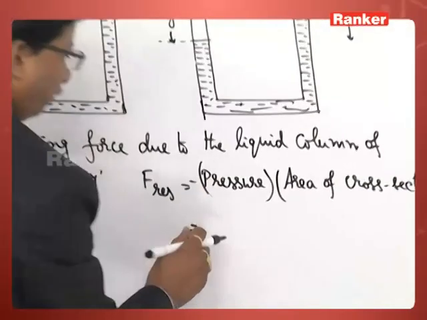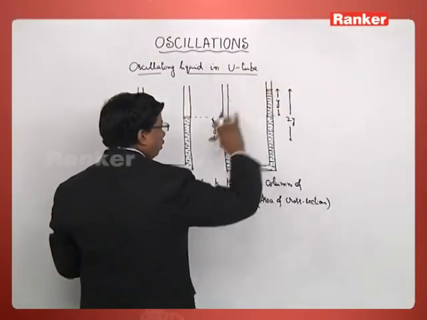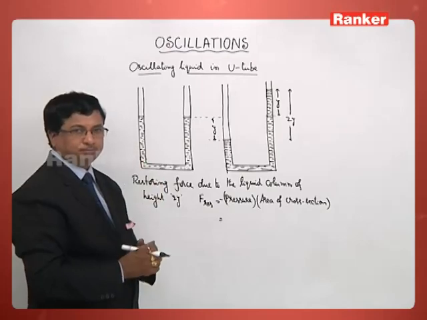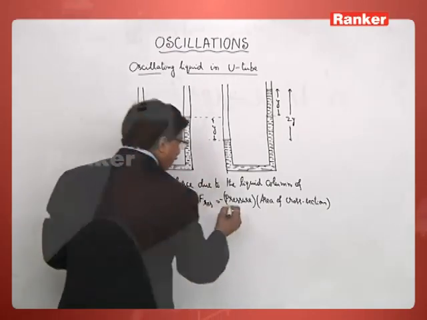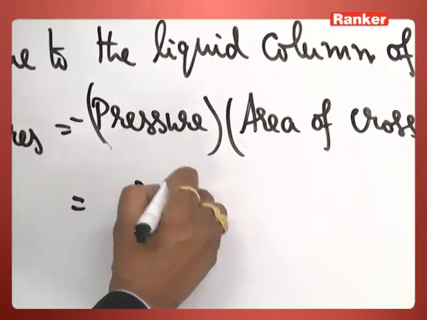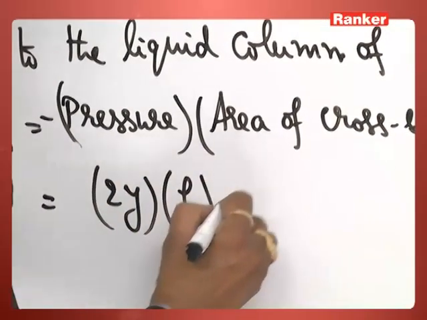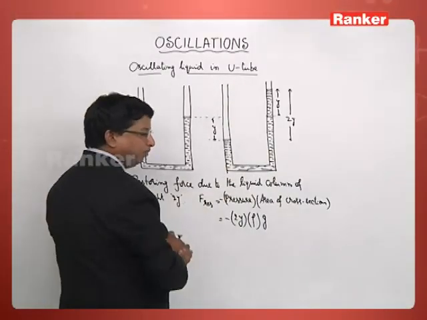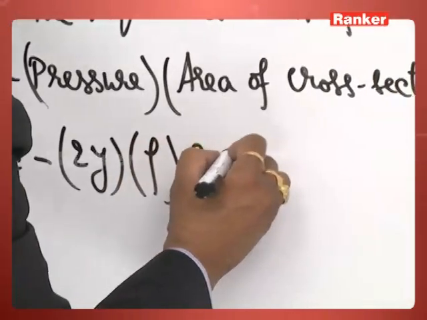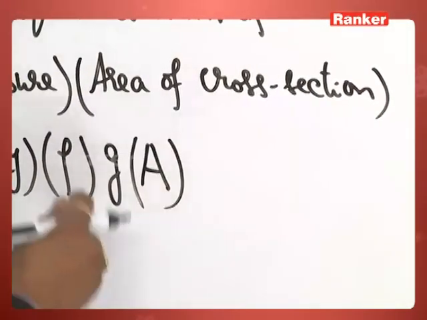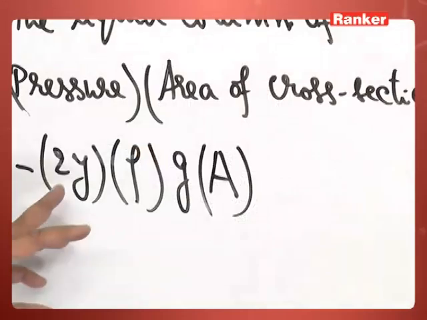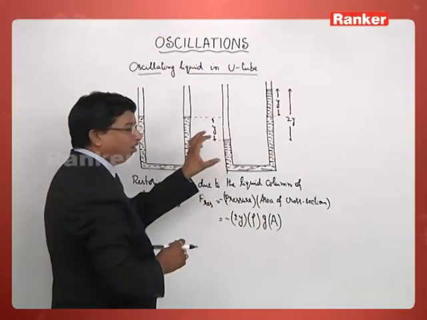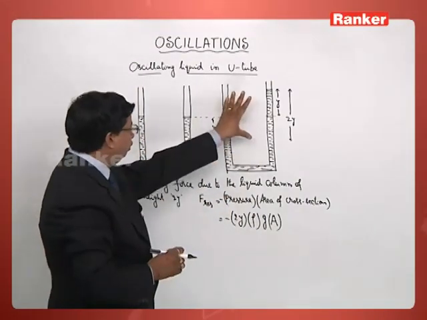The pressure due to this liquid column of height 2y is h rho g, so pressure becomes 2y into rho into g, into the area of cross section A. So 2y rho g into A gives you the total restoring force acting due to that liquid column.